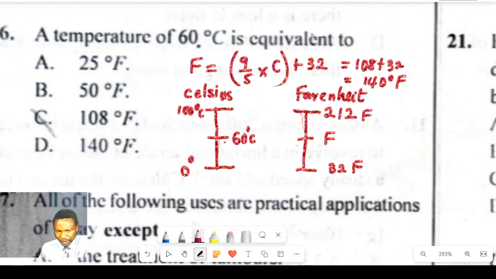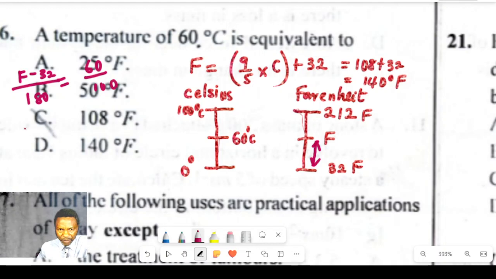So F take away 32 over 212 take away 32, which is 180, is equal to 60 take away 0, which is 60, over 100 take away 0, which is 100.